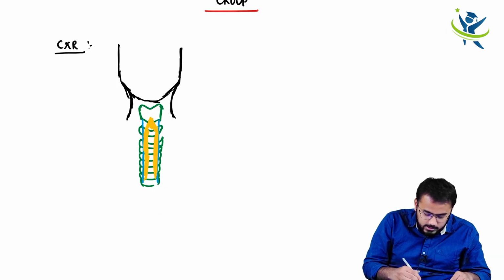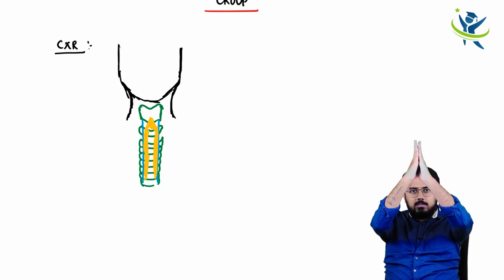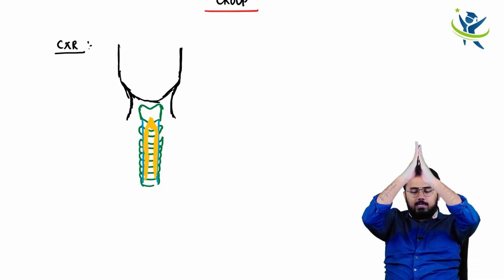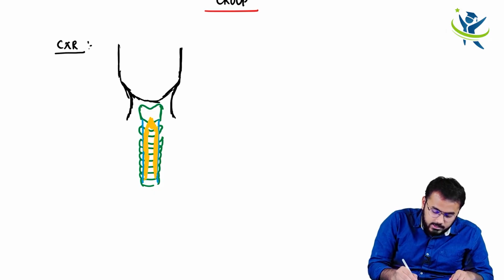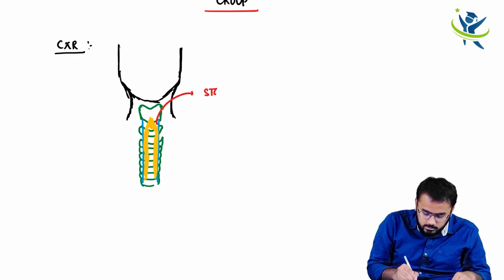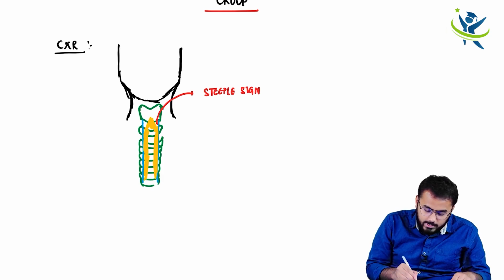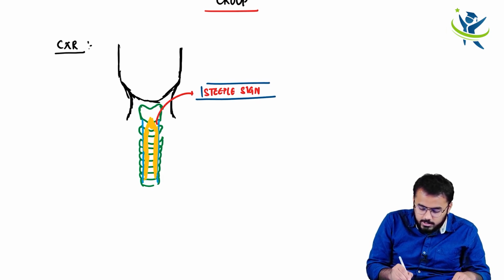This is how it thickens, and you see a steep sign like this, right? So this steep sign is nothing but what is called the steeple sign. Okay, so in a minute I will be showing you an X-ray of a patient with a steeple sign.